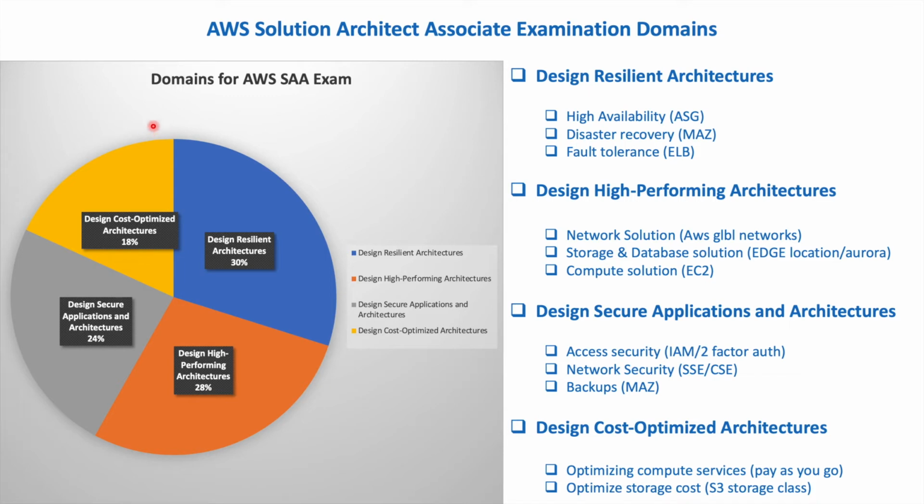If we see the entire domain in this graph, we can get to know that 30% of questions come from resilient architecture, 28% come from high performance architecture, 24% are from secure application and architecture, and 18% are from cost optimized architecture. And we should prepare all these topics very well to clear our exam on the first attempt.